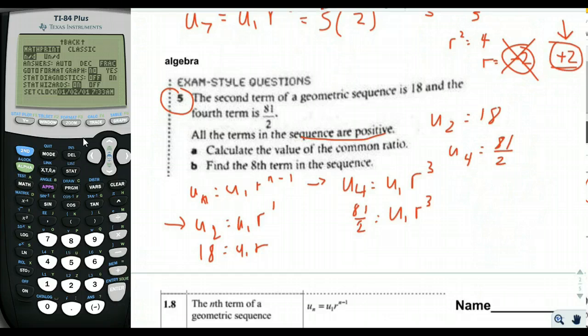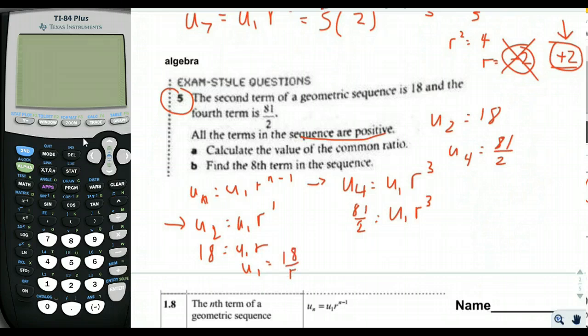Now we're going to solve for u1. So we'll divide both sides by r, and we'll get u1 equals 18 divided by r. Then we'll put that in for u1 in the other equation: 18 divided by r times r cubed equals 81/2. And you can see that r cubed divided by r leaves r squared.